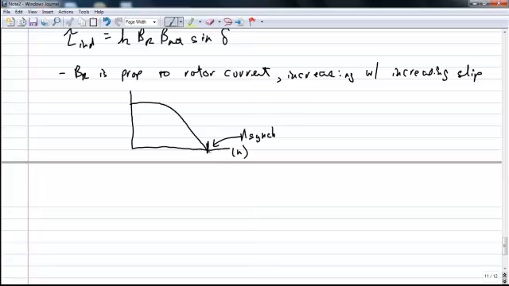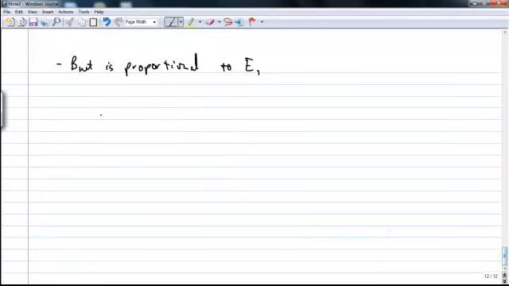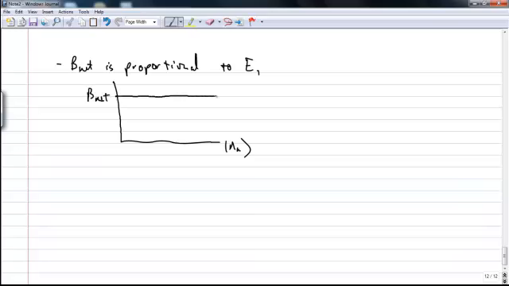B net is proportional to E1. Now we've assumed in this analysis that E1 is constant. So B net is assumed to be approximately constant.